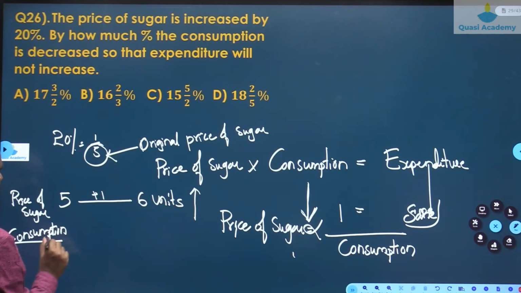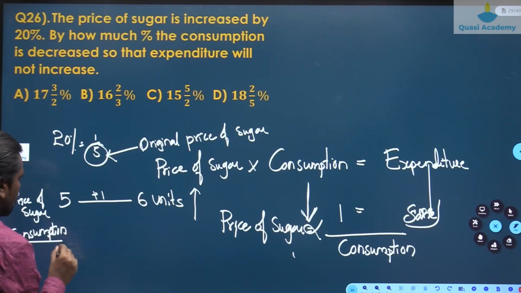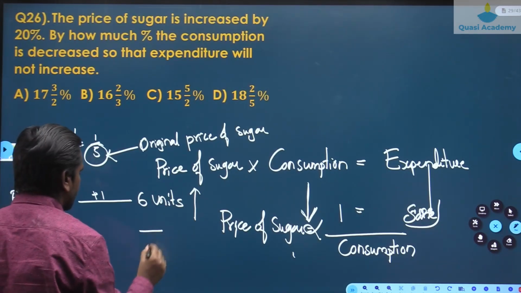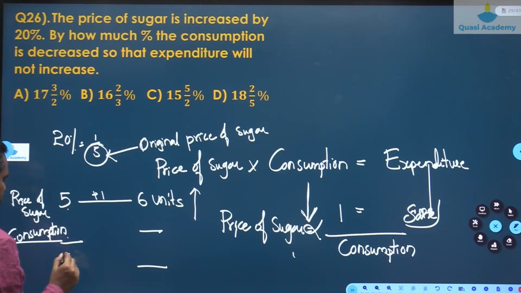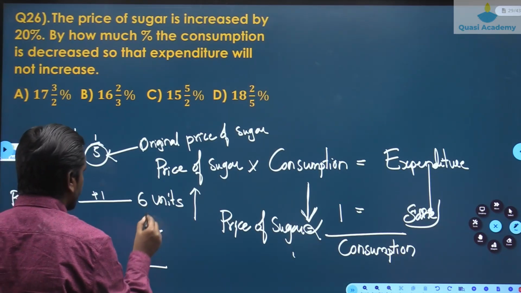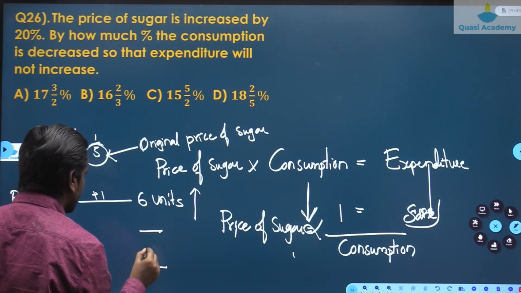What happens to consumption is, as we know, we have to multiply the price of the sugar into consumption. Okay, for example, you assume a constant K. Here also we have to multiply with the consumption. Then the expenditure should be the same, right?